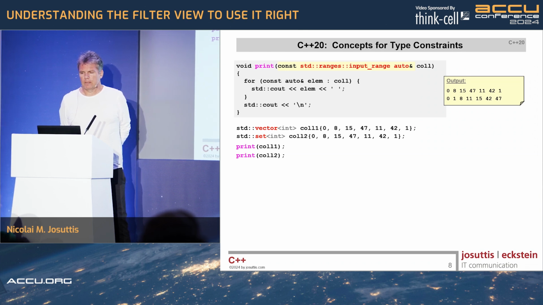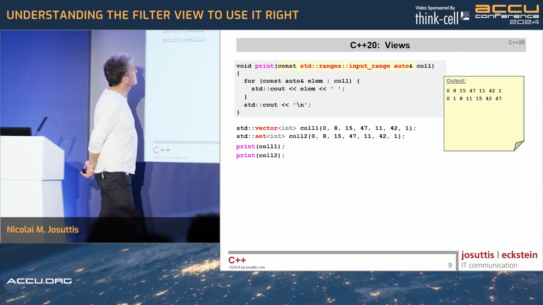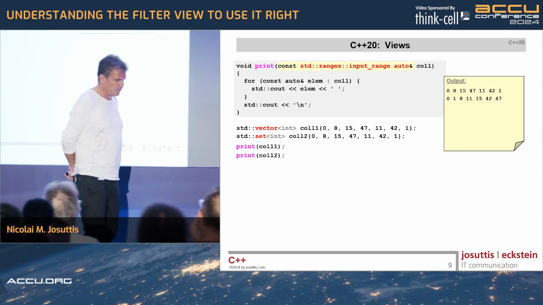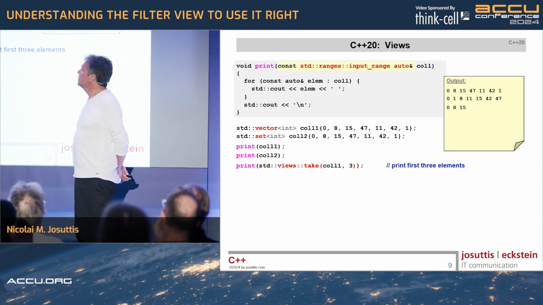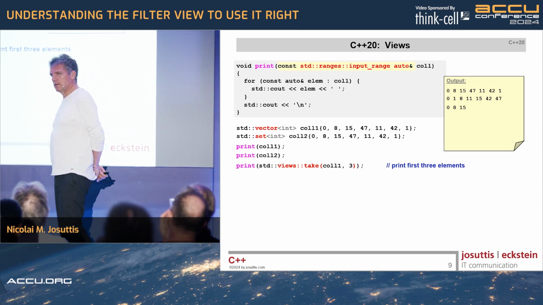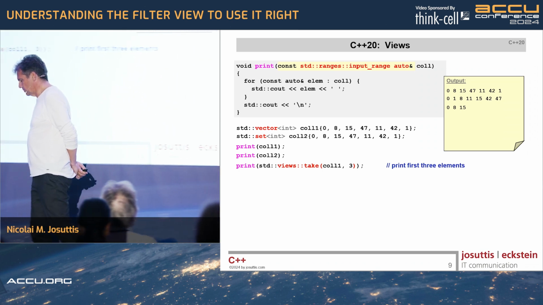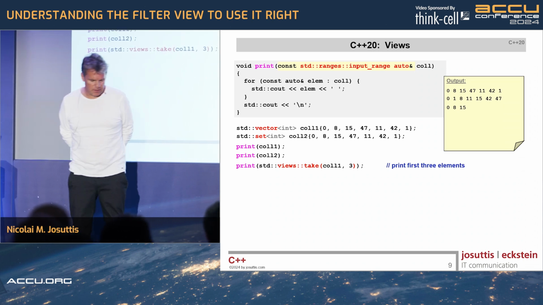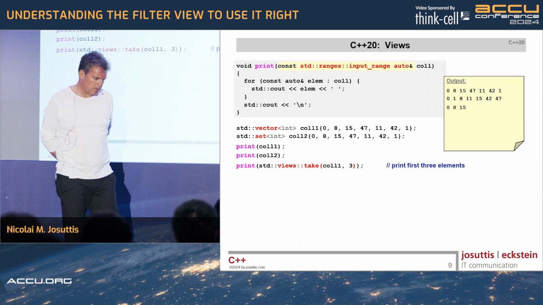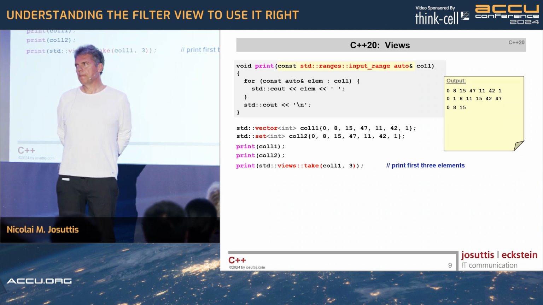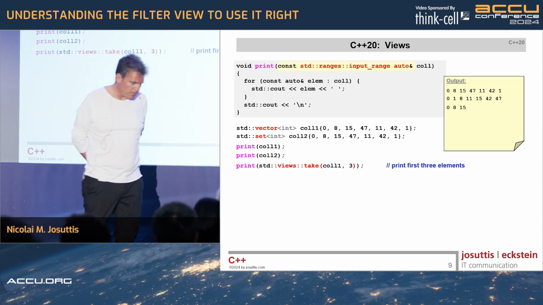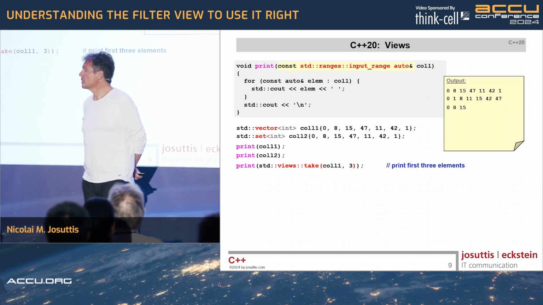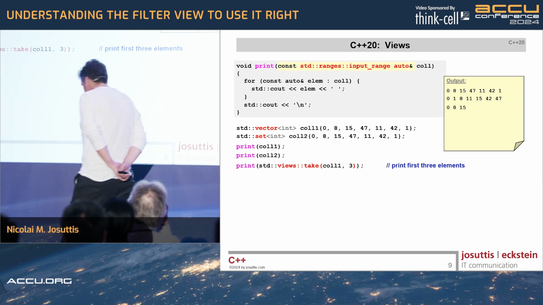Okay. So now let's come to views. Views were introduced in the way to say, well, yes, we want to have some collection, some range, and we want to only deal with part of it, or we want to deal with the values of it in a different way. But we don't want to create new temporary objects, new temporary containers. And so you can define a view.